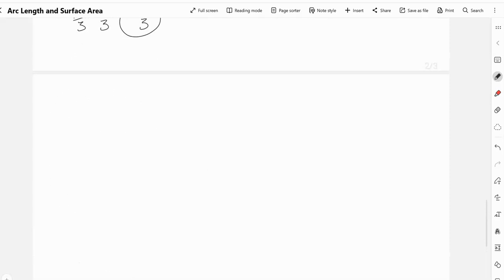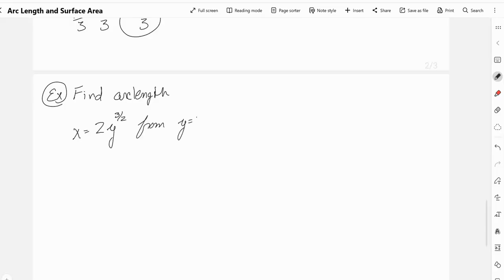Let's look at another example. Let's say we want to find the arc length. We're looking at x equals 2y to the 3/2 from y equals 0 to y equals 4. So we're going to start by graphing this in Desmos.